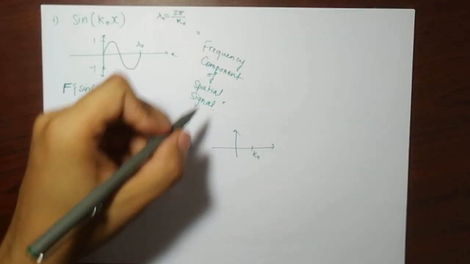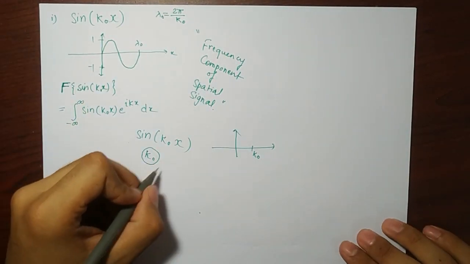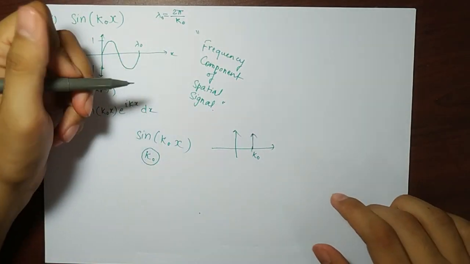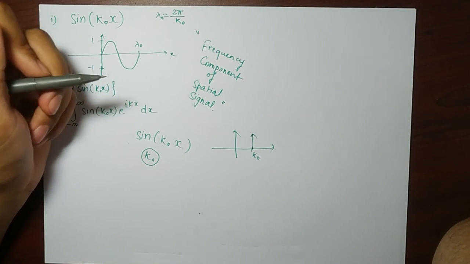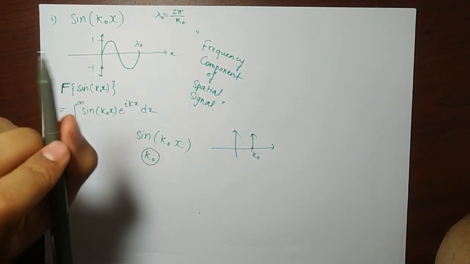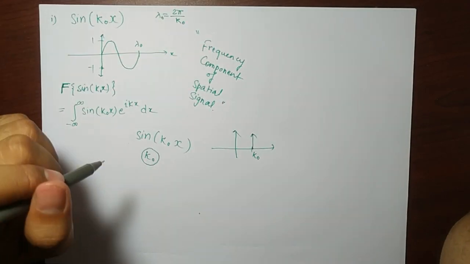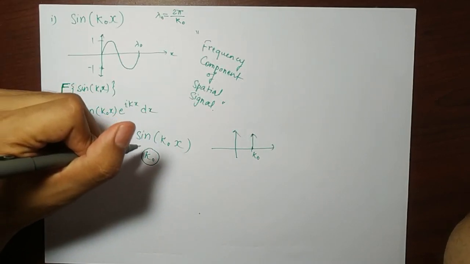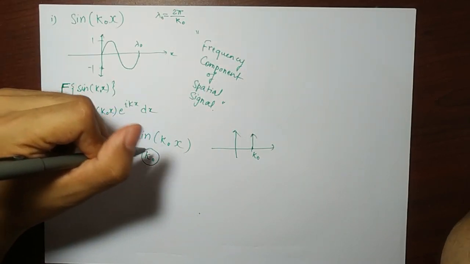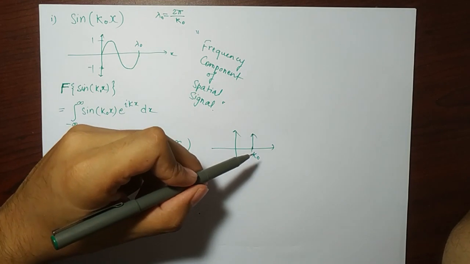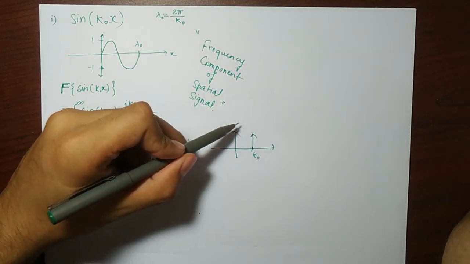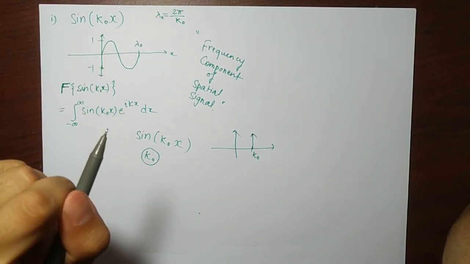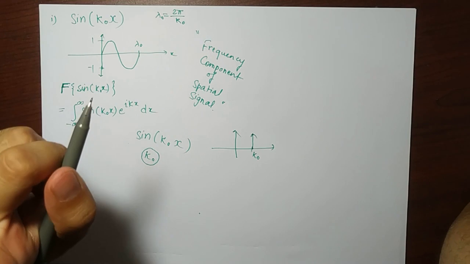So this should have one delta function. We know that the delta function symbolizes only one value where it goes to infinity and then comes back, as we have already discussed. So the Fourier transform of sine k naught x should be a delta function at k naught, because this function contains only one angular frequency component.